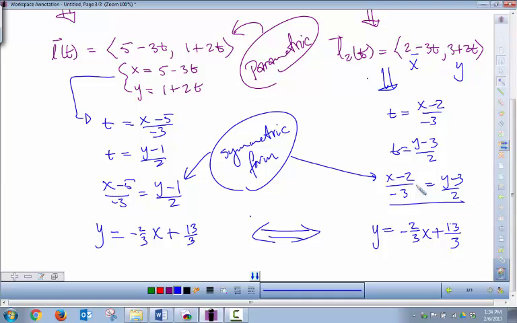All right. So the neat thing about the symmetric form in 2 dimensions is that you can rewrite that and make it into your usual, the old y equals mx plus b business.